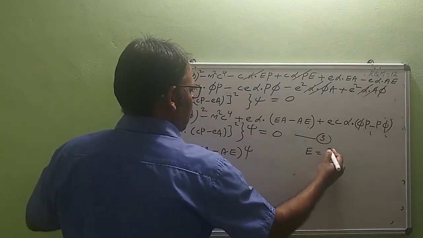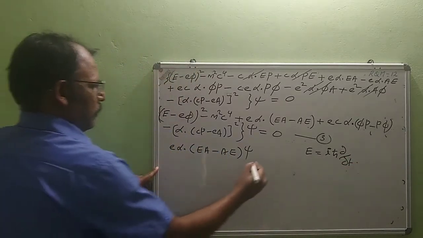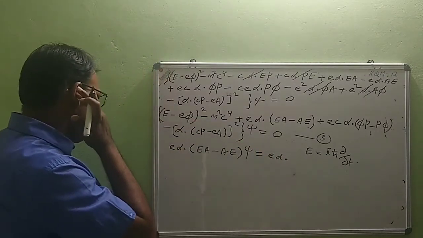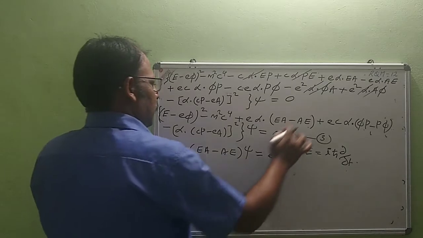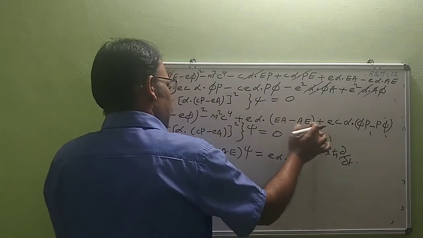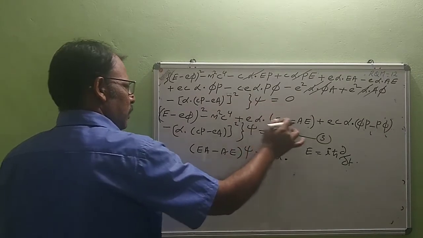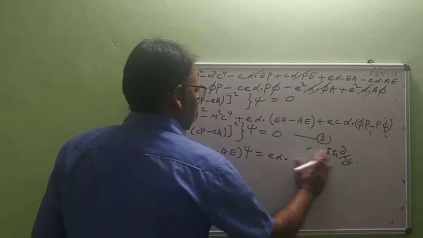E is IH bar dou by dou t. So this is equal to E alpha dot, and taking only this term, and after that I will substitute for EA minus AE in this equation. So here E alpha dot I am keeping, and I am only taking EA minus AE operating on psi.